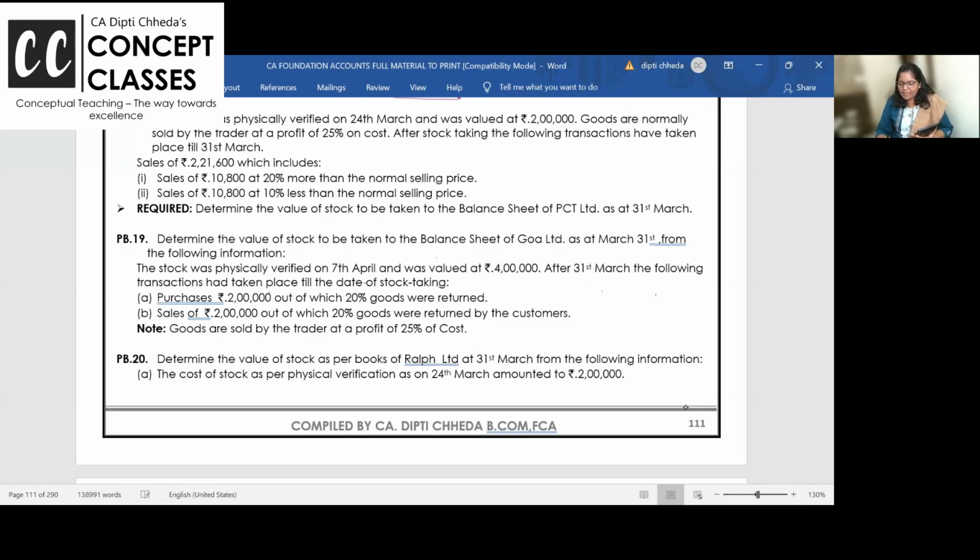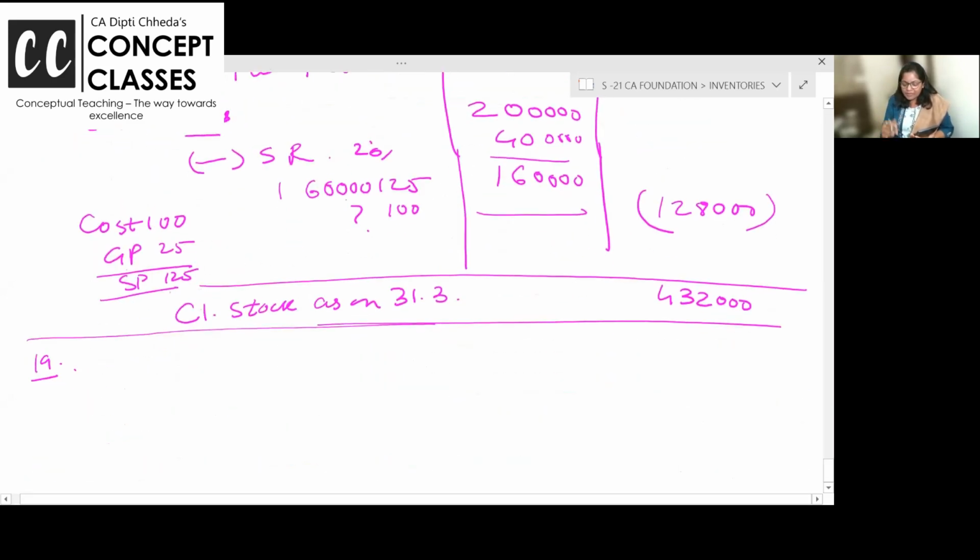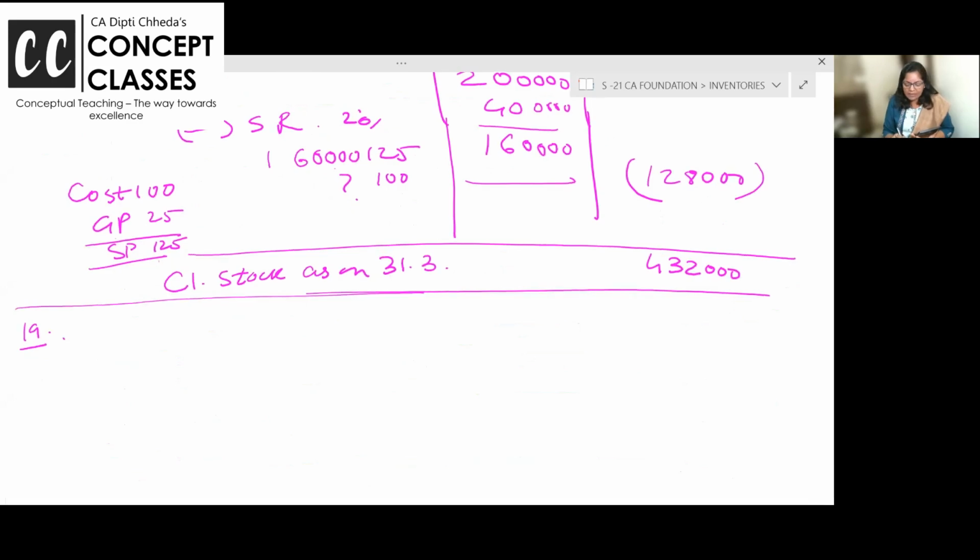Purchase 2 lakh minus, and sales. The rest of the problem is the same. Exactly the same problem, same figures, but this time, instead of the stock being on 21st as in the 17th problem, it is on 6th. Okay? Chalo.